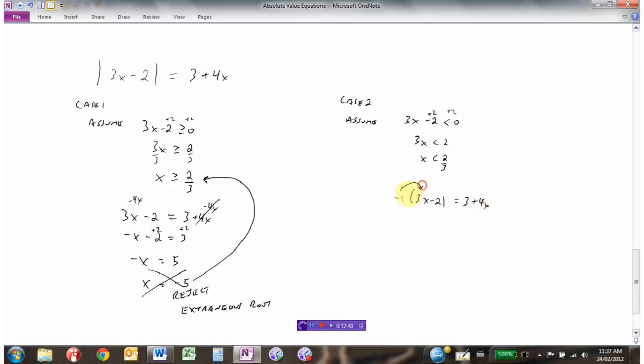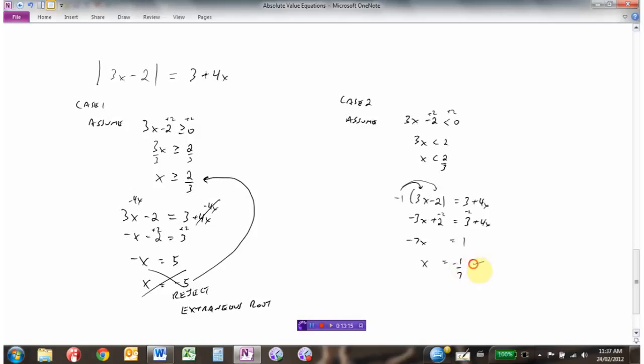Multiplying the negative in here gives negative 3x plus 2 equals 3 plus 4x. Minus 4x from both sides is negative 7x, and minus 2 from both sides gives 1. Now divide by negative 7, and we get x equals negative 1/7.